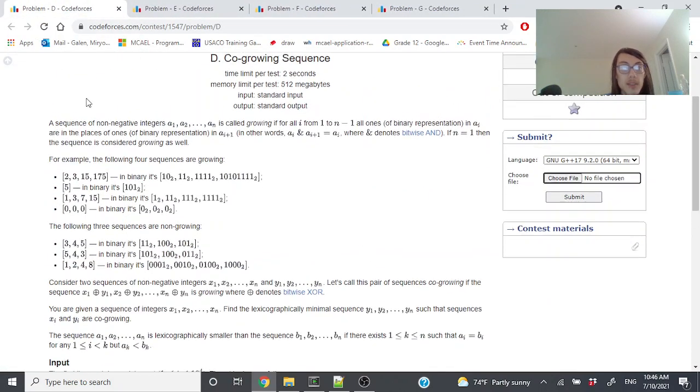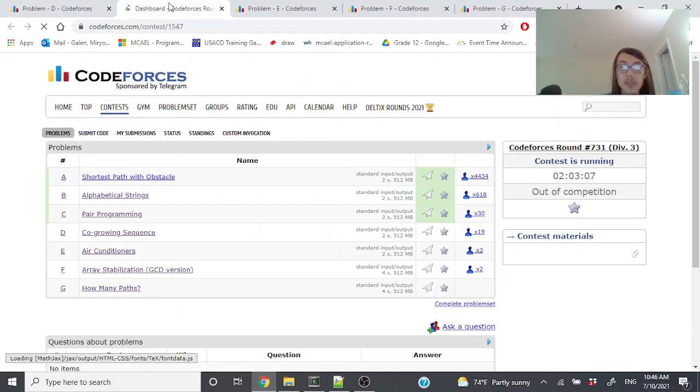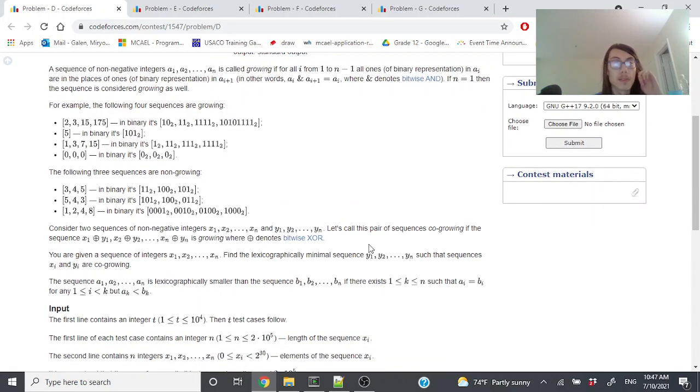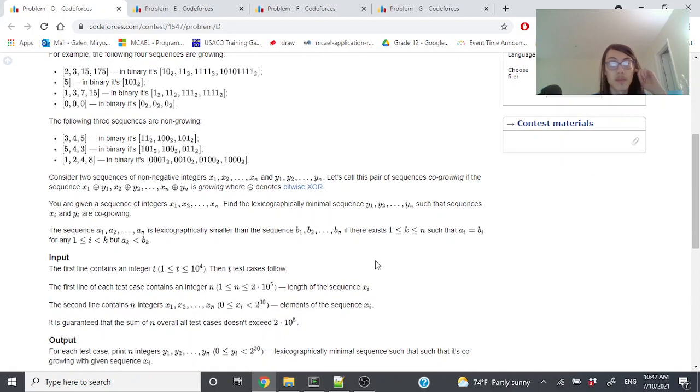Cool. Sequence of non-negative integers. Let's consider growing. Oh, okay. So super submasks. Co-growing.